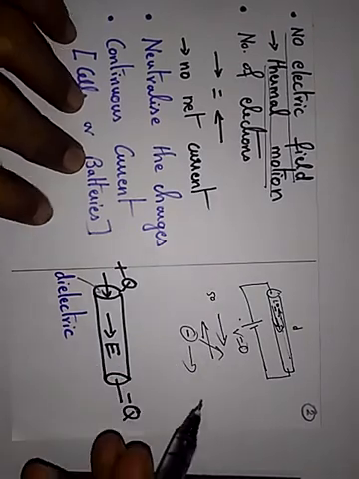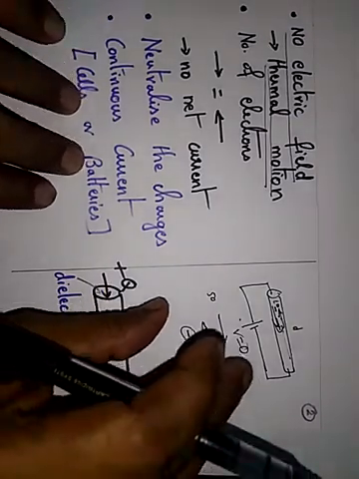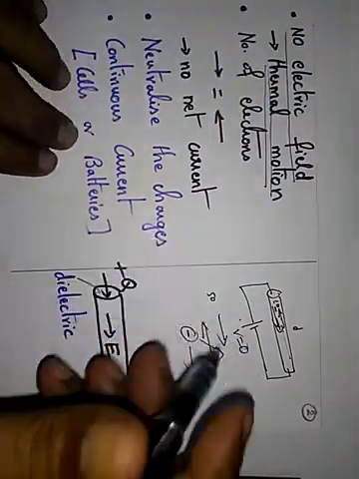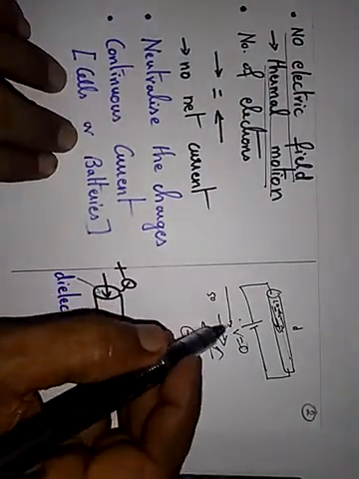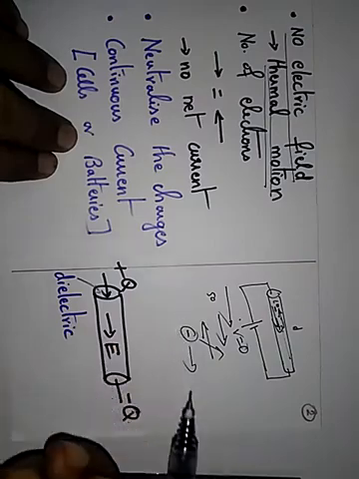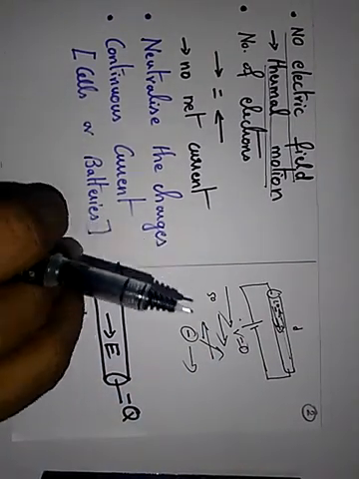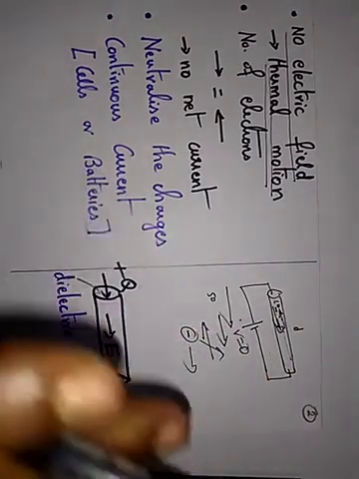This is the net analysis, the overall average value. So the number of electrons moving in the positive direction is equal to the number moving in the negative direction. So there will be no net electric current.